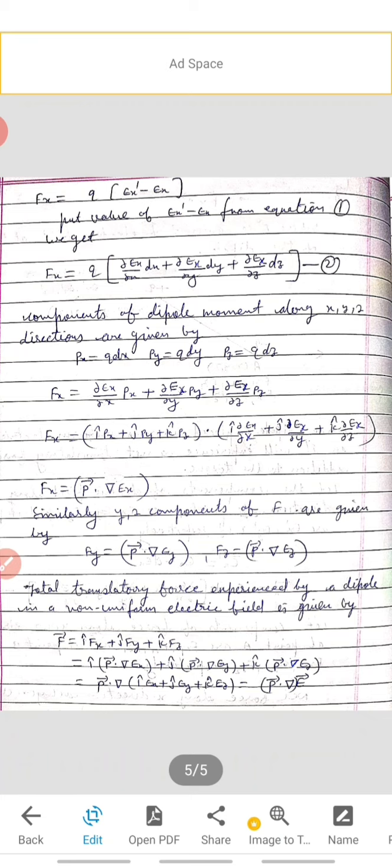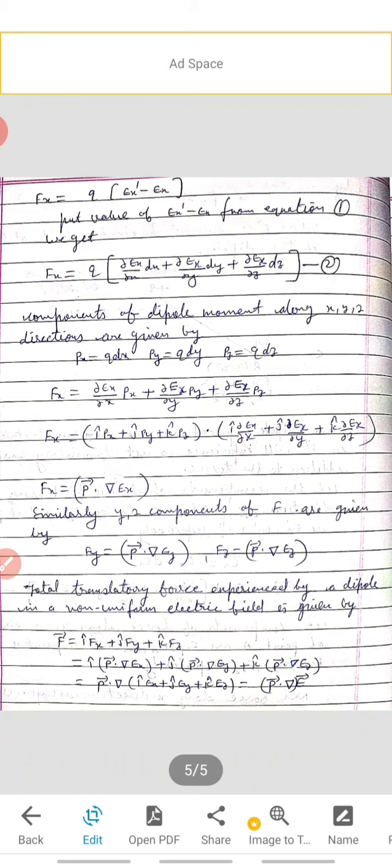And the components of the dipole moment along x, y, z directions are given by Px is equal to Q into dx, Py is equals to Q into dy, Pz is equals to Q into dz.